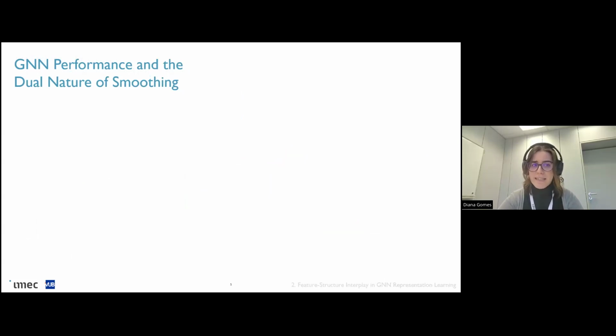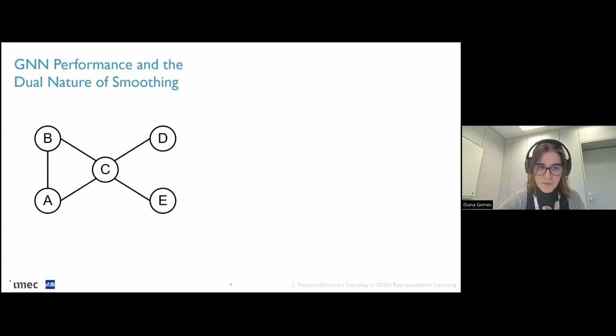And this led us to study a little bit the dual nature of the smoothing component of GNN. So as we know, the graph has two components, right? So we start with the graph as it is, and then we typically populate it with feature vectors.